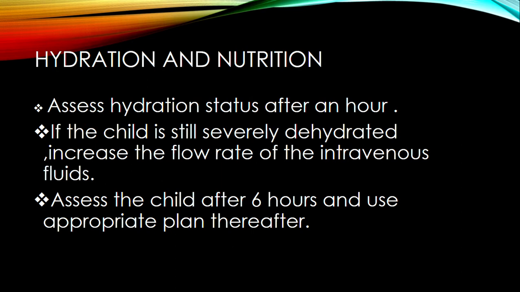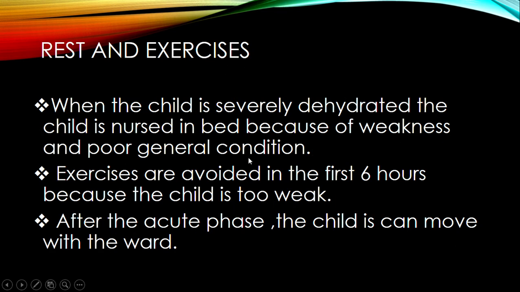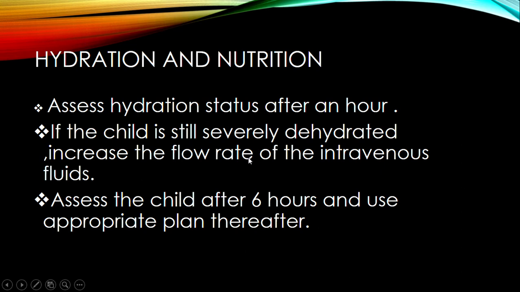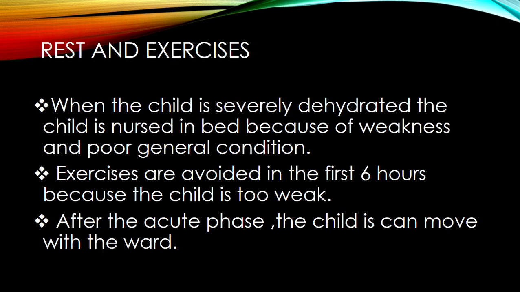So we are going to assess the level of hydration status after an hour. If the child is still severely dehydrated, we are going to increase the flow rate of the intravenous fluids. Then we are going to assess the child after 6 hours, and then the appropriate plan should be put in place.